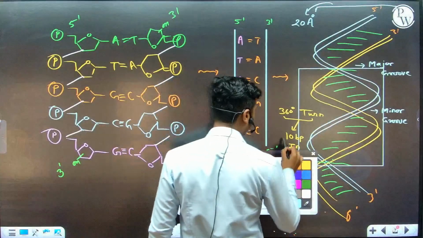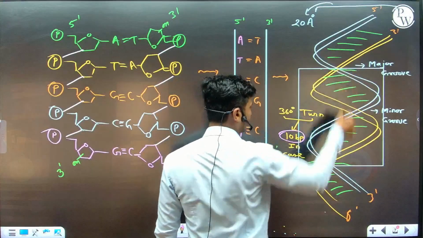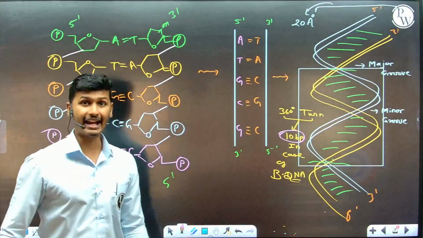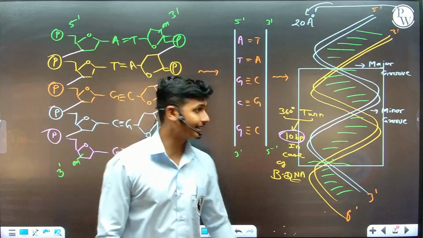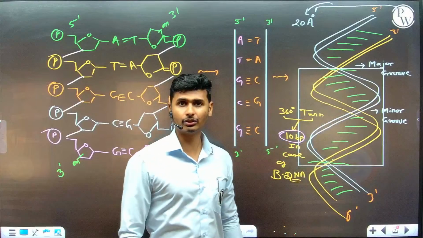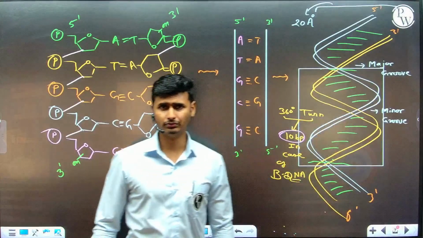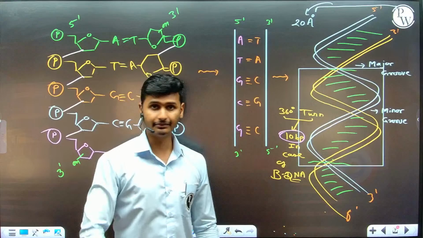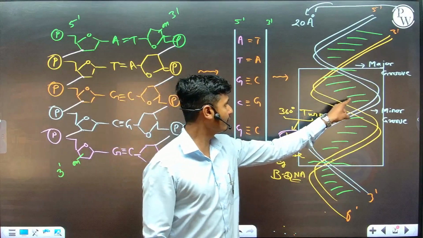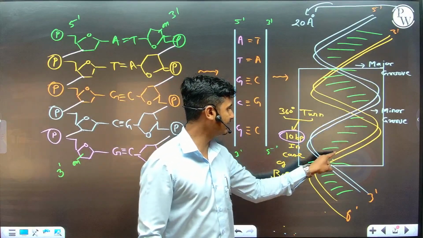In a 360-degree turn. And how do we calculate a 360-degree turn? Major to major groove or minor to minor groove. How many? 1, 2, 3, 4, 5, 6, 7, 8, 9, 10.